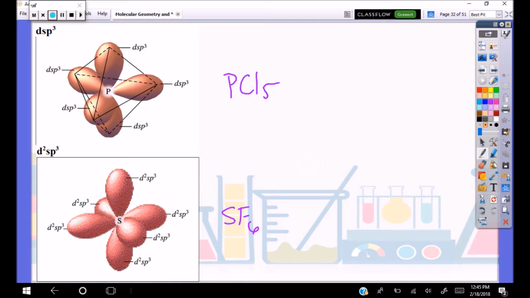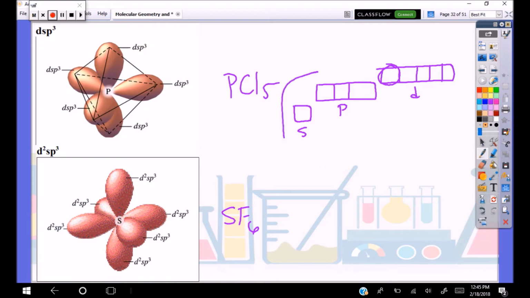If we're to look at something like phosphorus, we know that we've got our p orbitals and then the d orbital, a little bit higher in energy there. What we can do is take one of those d orbitals and hybridize it with our sp3 and form a region that looks like this, where you have 5 different electrons that can spread out, and we get dsp3.